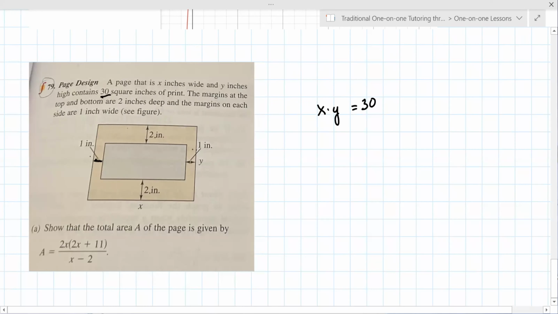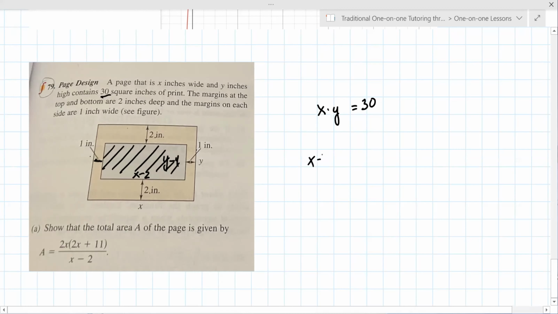Show that the total area A of the page is given by 2x plus 11, x minus 2. What are they referring to? I think they're referring to this area in here, which is x minus 2, and this is y minus 4.